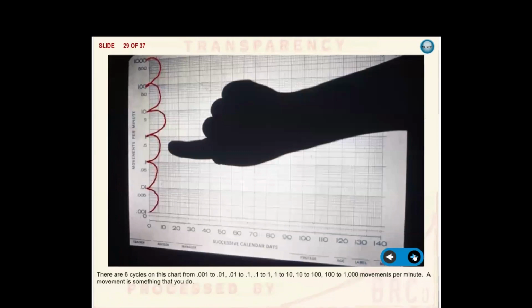There are 6 cycles on this chart, from point 001 to point 01, point 01 to point 1, point 1 to 1, 1 to 10, 10 to 100, and 100 to 1,000 movements per minute. A movement is something that you do.